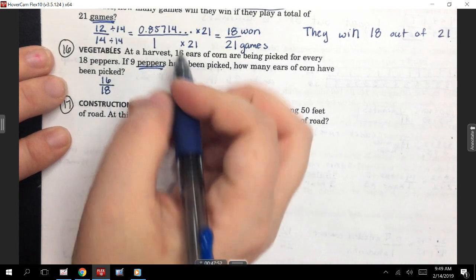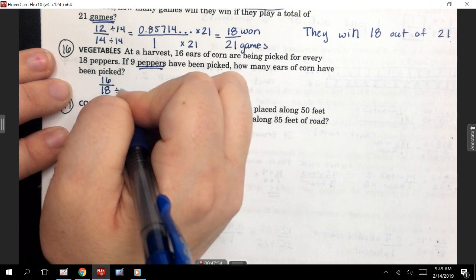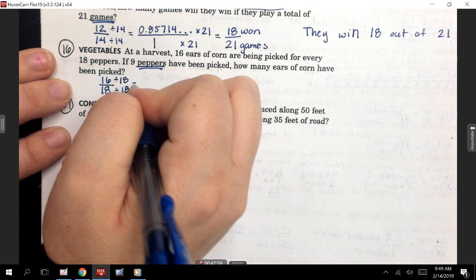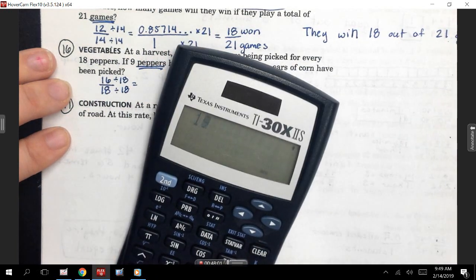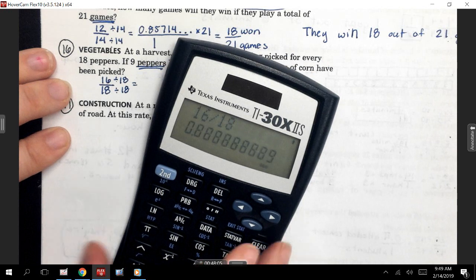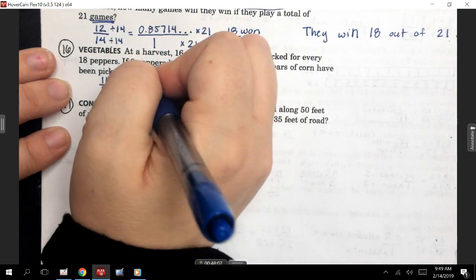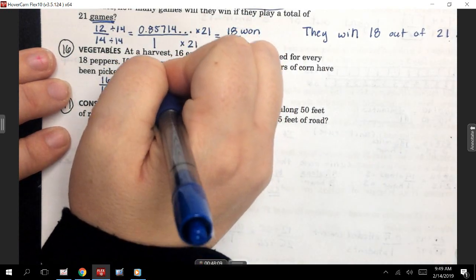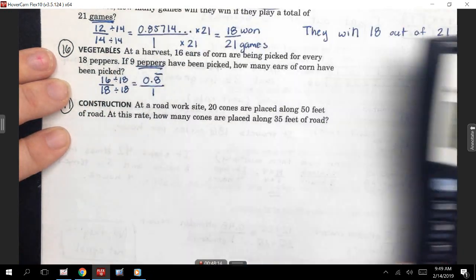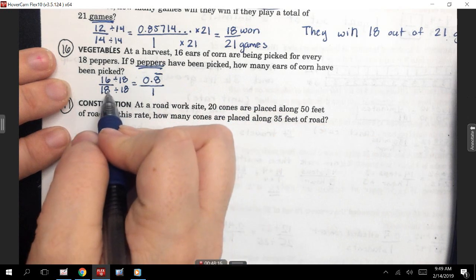Again, I'm wanting to change it to peppers, so I'm going to make a unit rate. So divided by 18, divided by 18. When I do 16 divided by 18, I get a repeating decimal of 0.8, repeating over 1. Remember, we don't clear that out, leave it just like that. I'm wanting to change my peppers.